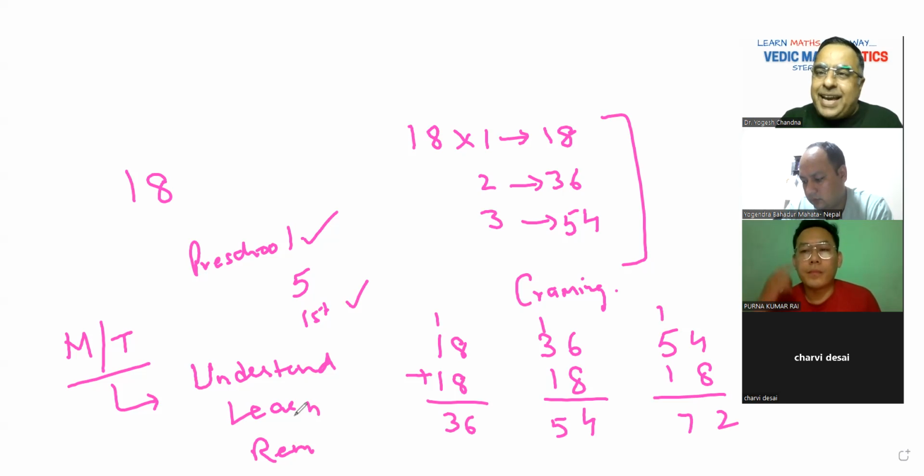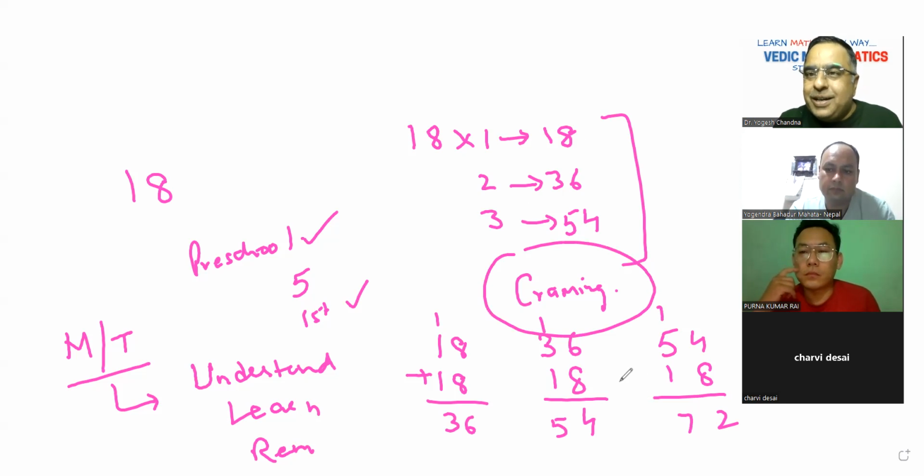But at the same time, the math teacher says, cram the tables because it's very difficult to understand, learn, or remember. So initially, we are teaching wrong to our kids ourselves. We are making them confused, either to learn and remember or to cram the things. This is the beginning where a child starts learning cramming.